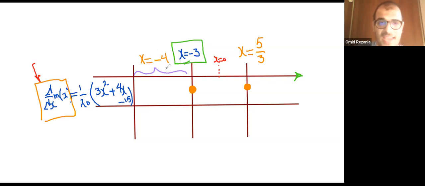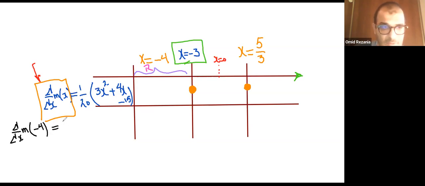I get x equals -4, which I can call xr, it means that x is a random one. Then if I plug -4 into my expression here, what do I get? I get d over dx of m of -4.